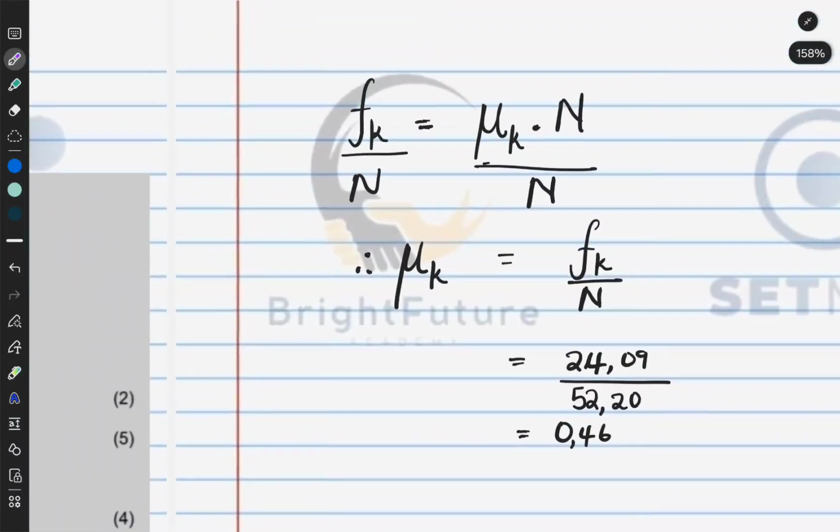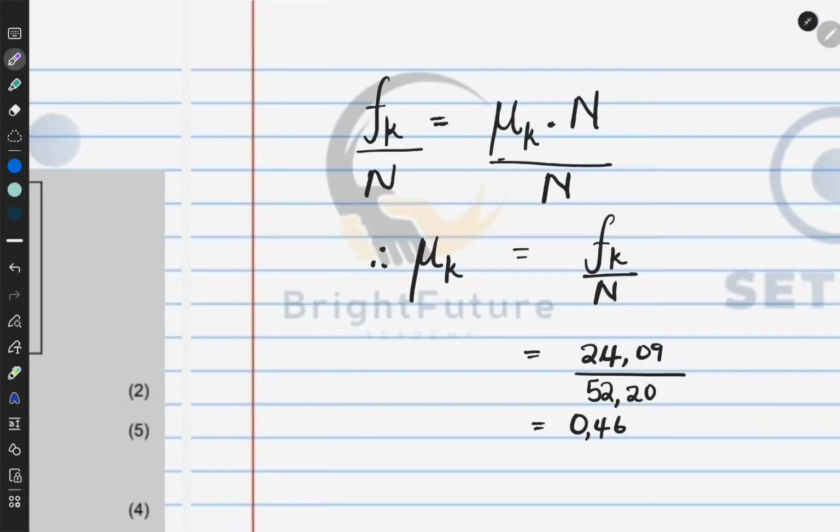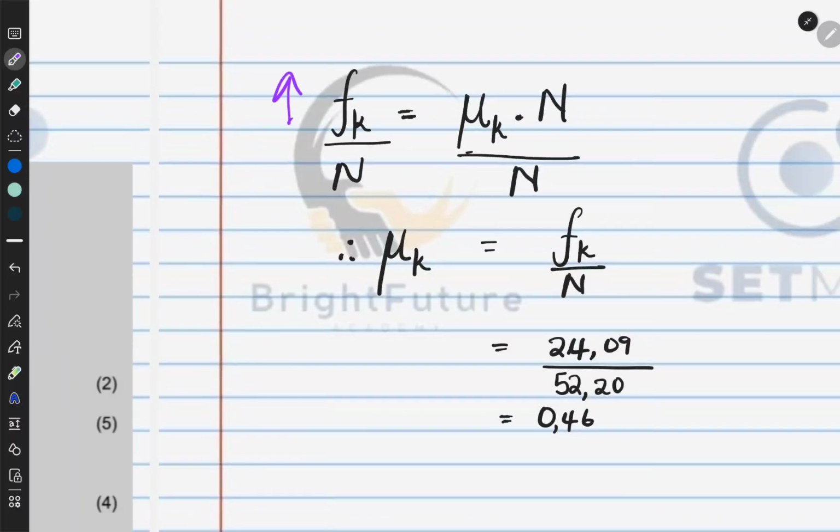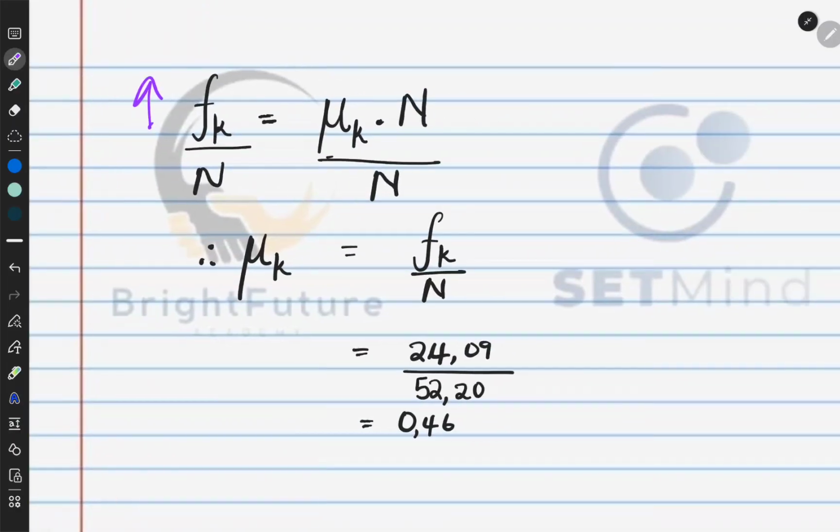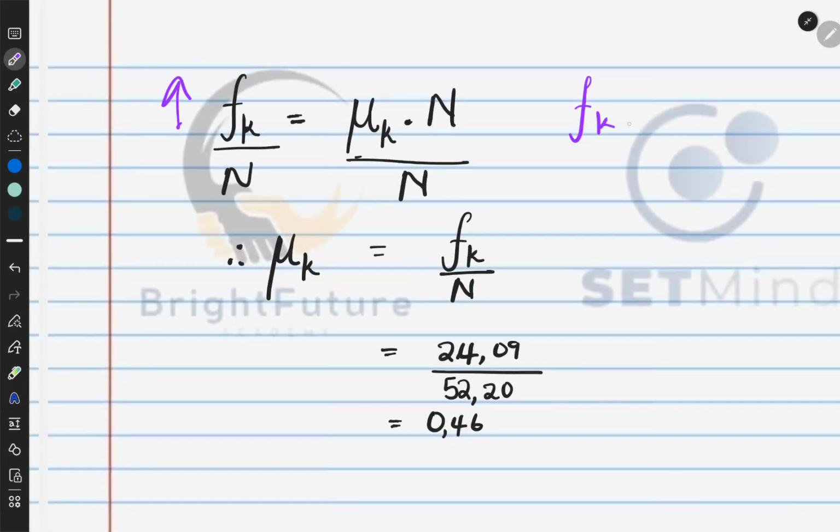So what does this mean? Let's come back to our equation here. We said Fk, kinetic friction, is equal to the coefficient of kinetic friction times the normal force. So this means that the kinetic friction will increase as well.